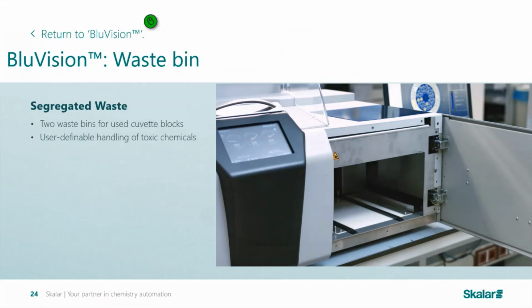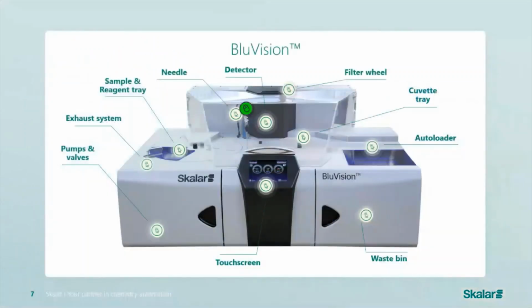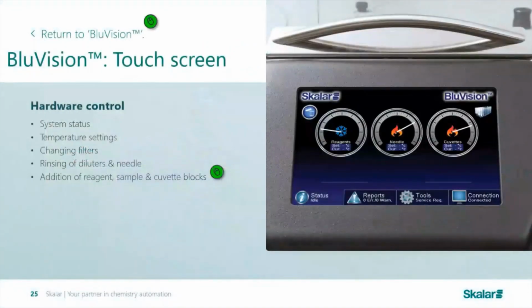And that brings us to the final piece of hardware to show you today, which is the touch screen at the front of the analyzer. In addition to the computer-based software, which I'll come to in a moment, the hardware itself is controllable through a touch screen on the front of the analyzer, and this provides control over the main functionalities you see listed here.